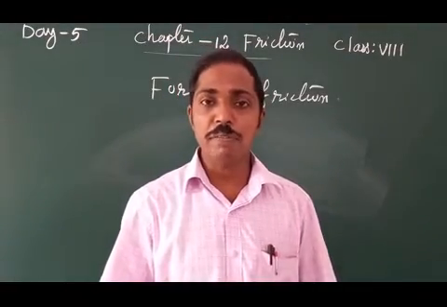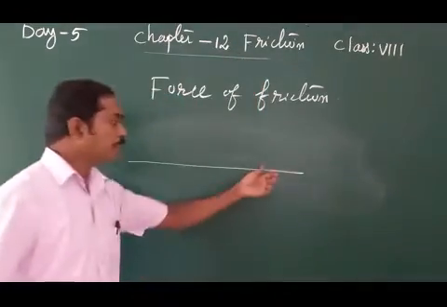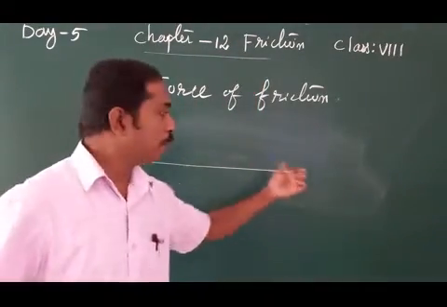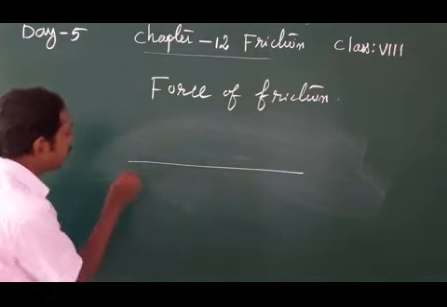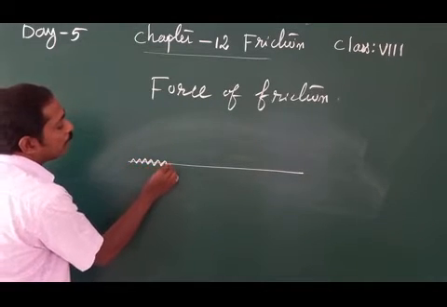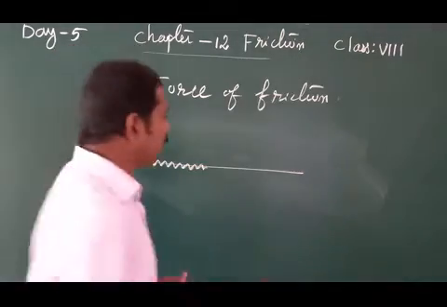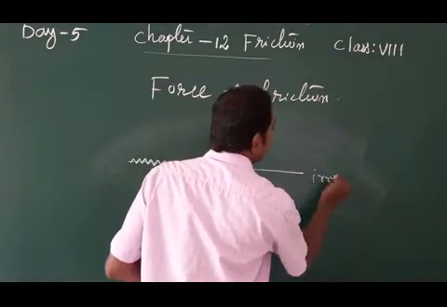Friction is caused when we observe a surface. Suppose this is a plane surface, but when we observe closely we can see minute irregularities. What can you find here? Irregularities.